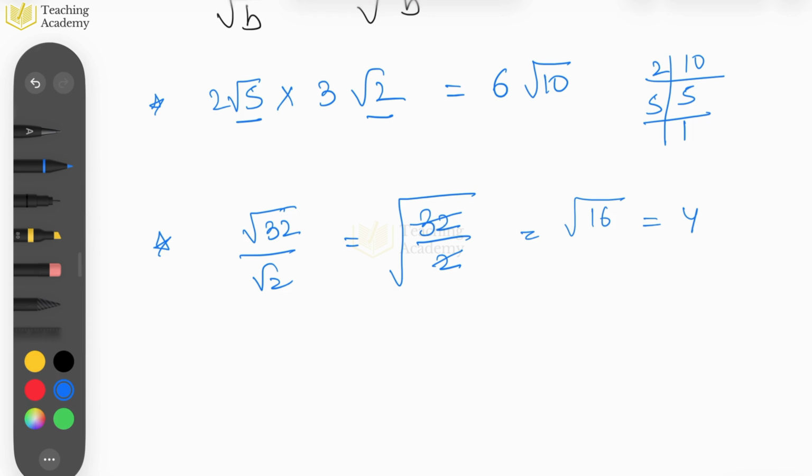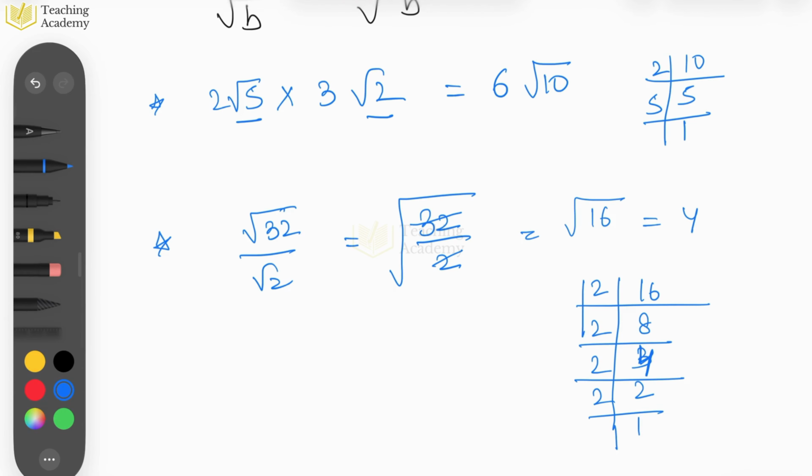Otherwise, if you don't understand this concept, you can simply make the pairs of it. I'll take the prime factorization of it. 2 times 8 is giving you 16, and 2 times 4 is giving you an 8, and 2 times 2 is giving you a 4, and 2 times 1 is giving you a 2. So I can see this is one pair and this is a second pair.